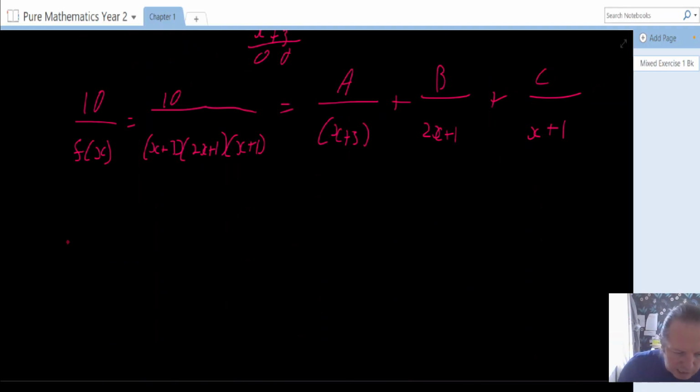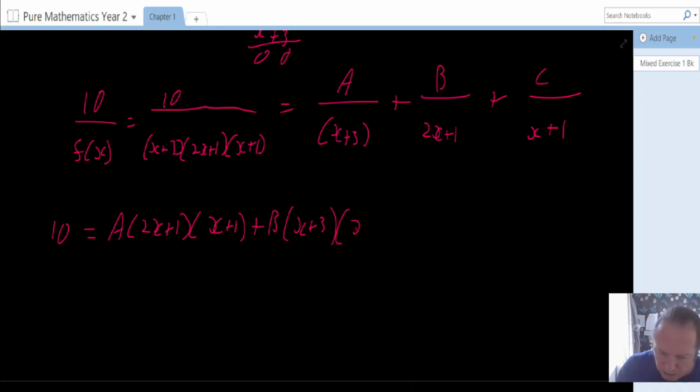So coming down, we can say that 10 is equal to a times 2x plus 1 and x plus 1, plus b times x plus 3 and x plus 1, plus c times x plus 3 and 2x plus 1, sorting out the common denominators.